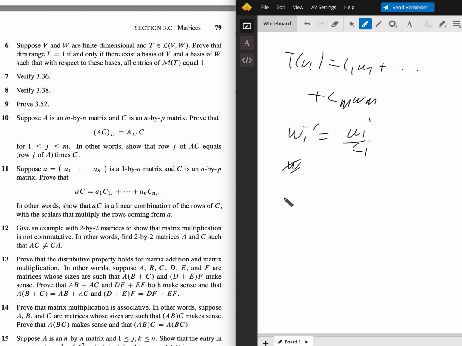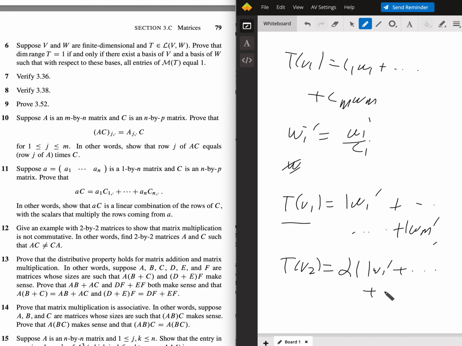And these new wi primes then allow you to say that this is just 1 w1 prime plus etc. through 1 wm prime. And this is fine because the transformation of any such vi will have the effect of being a linear combination of some scalar multiple of 1 w1 prime 1 times, so basically 1 times everything, right?